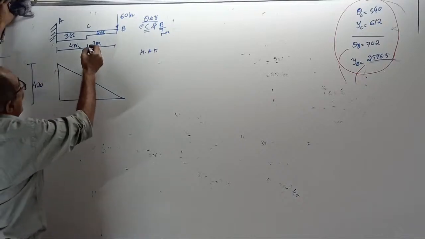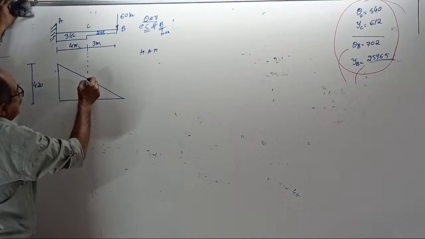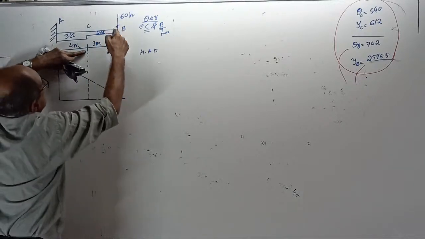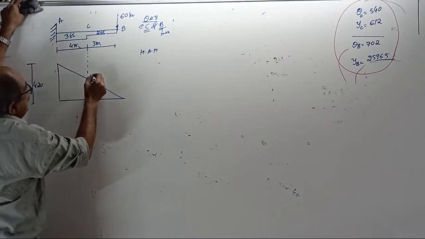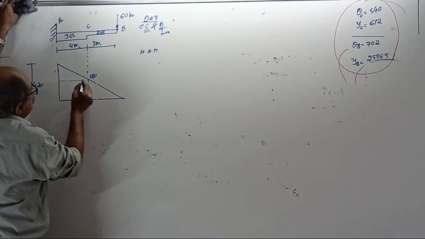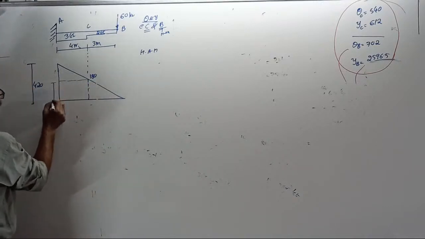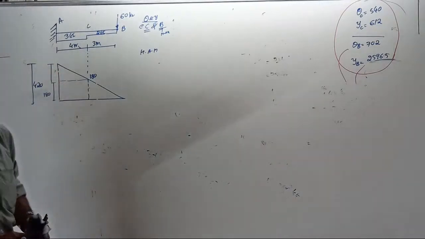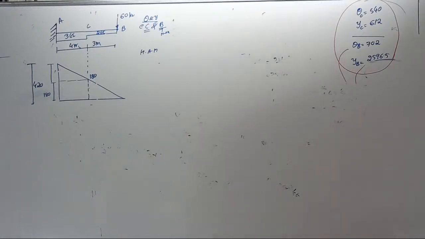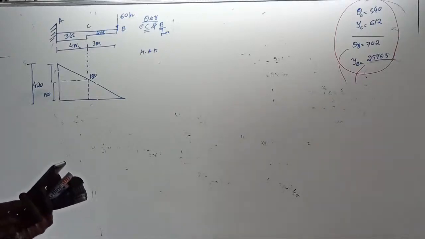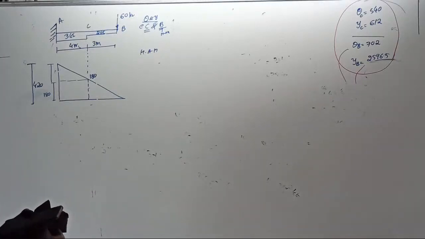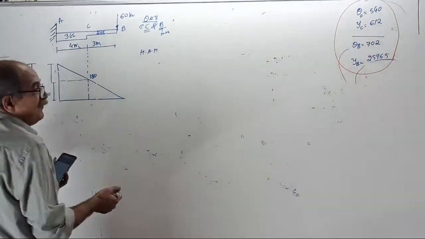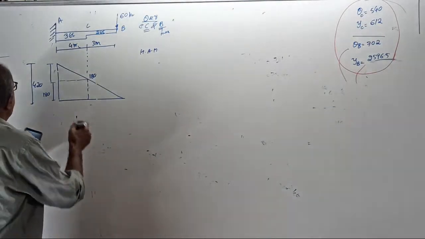Now, you also require this ordinate, that is 180. Then divide into parts. This is 180 and this is from 420 subtract 180. What is the answer? From 420 subtract 180. Fast. Don't waste time. 240 by EI.